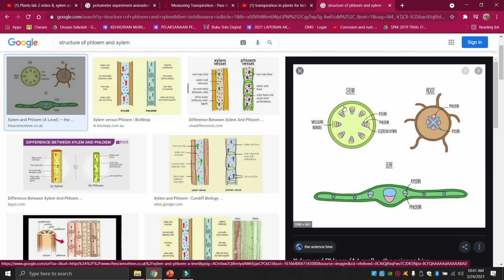So this is the stem, this is the root, and this is the leaf. For the stem, xylem inside, phloem outside; the root is also the same; and for the leaf, upper is xylem, lower is phloem.